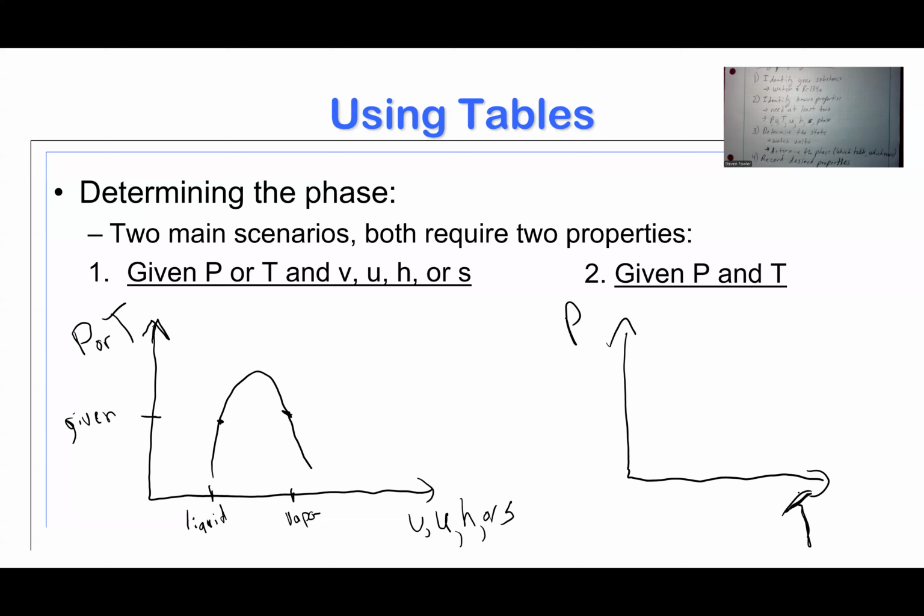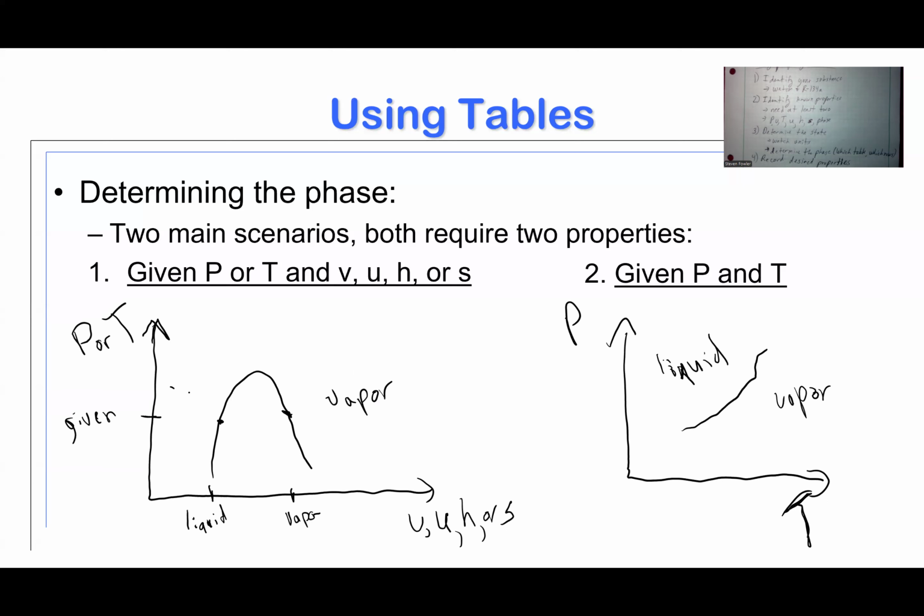Okay. And then also the other possibility is I could be given pressure and temperature. So if I'm given pressure and temperature, remember the PT diagram. And if we're not worried about the solid transition, this is all it looks like. Your pressure versus temperature just looks like this, where everything to the left of that curve is liquid, and everything to the right of that curve is vapor, which we have the same thing over here.